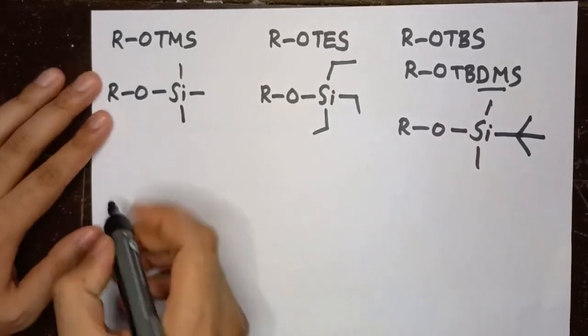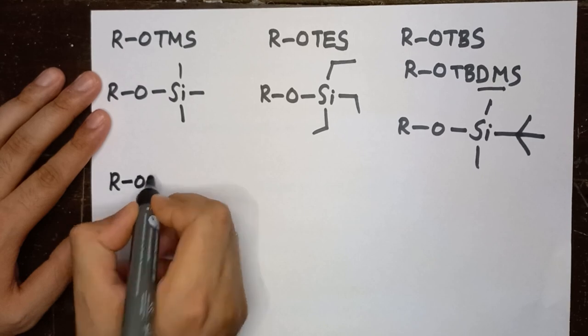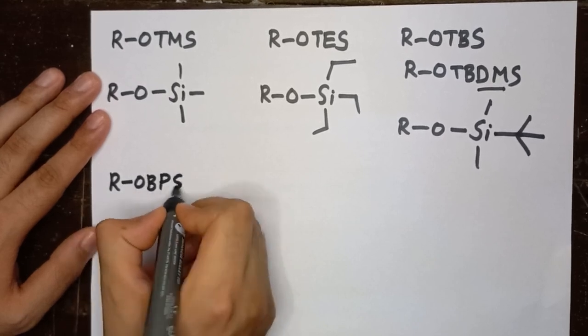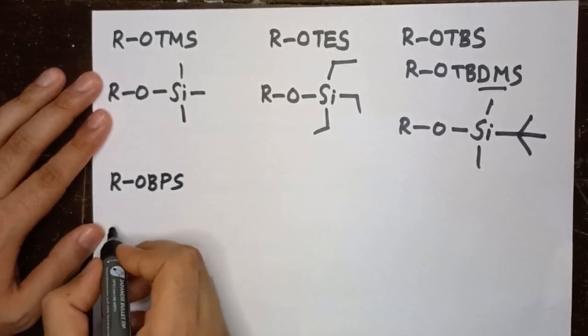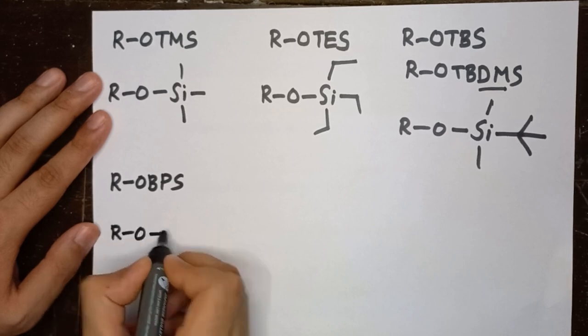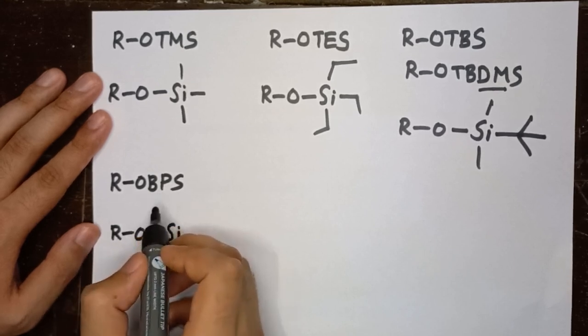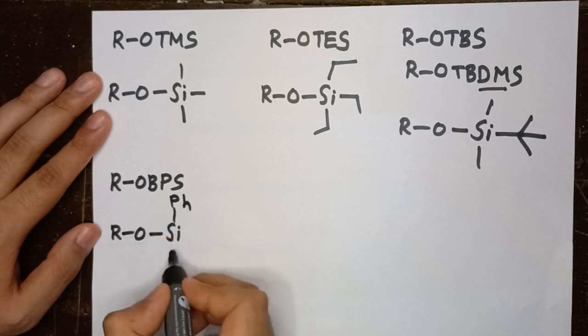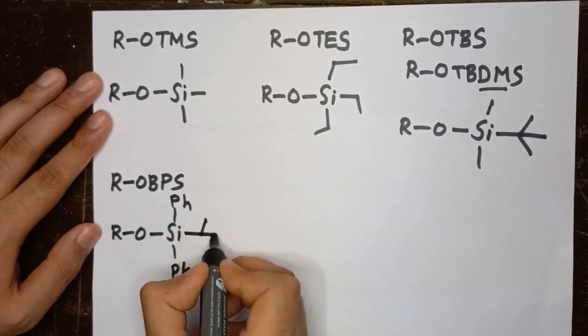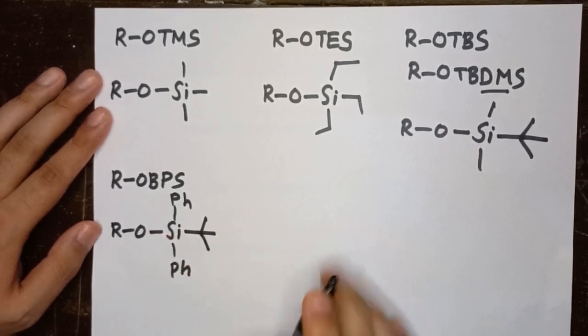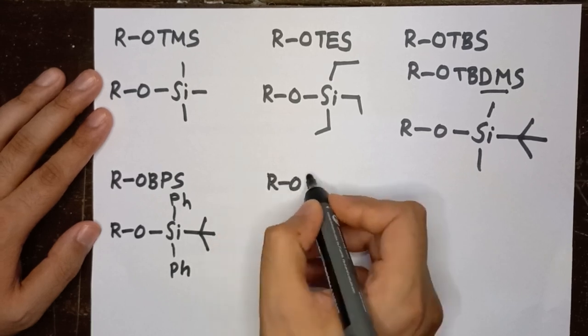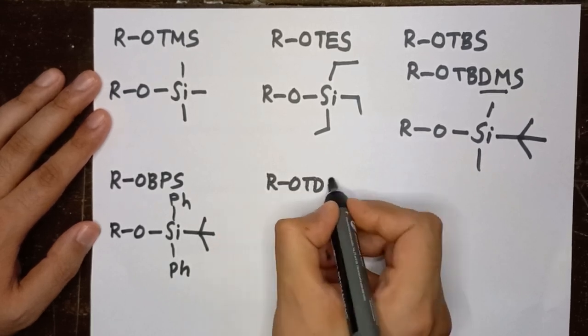Then we have ROBPS. BPS stands for, BP means biphenyl, so you have two phenyl rings and a tertiary butyl group. Then we have ROTDS.